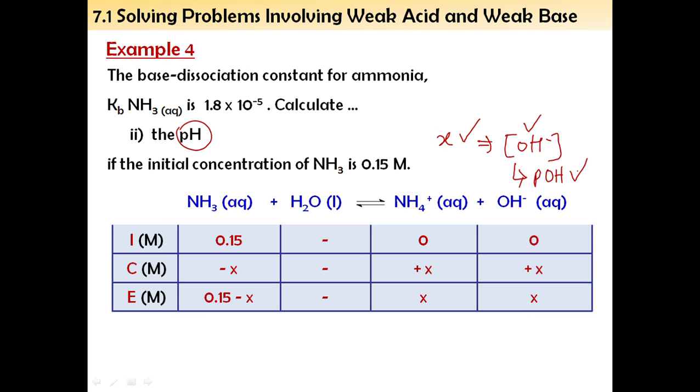Jangan terus cari pH. So, this is the formula for POH. You have the OH minus already from question 1. Jadi, bila dah ada POH, use this relationship to find the pH value. Okay? So, siapkan sampai awak dapat pH. Upload your answer. Okay? So, next is question 3.